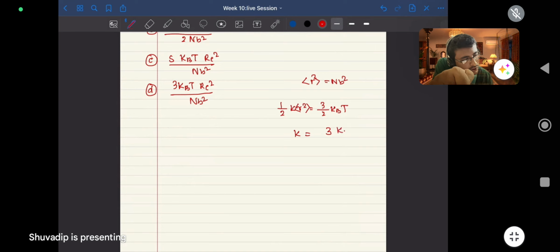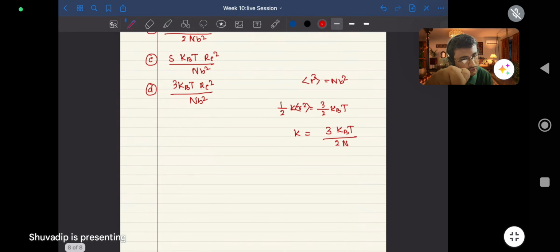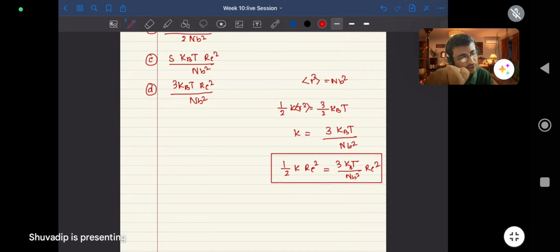So the 3 by 2 kBT will cancel, so 3 kBT by Nb square is the spring constant. So the spring energy associated with this will be half k into the distance square, which is 3 kBT by Nb square into Re square. So this is the correct relation here. Option B.